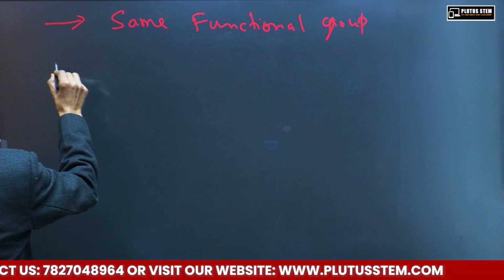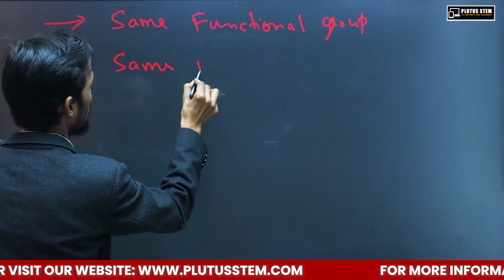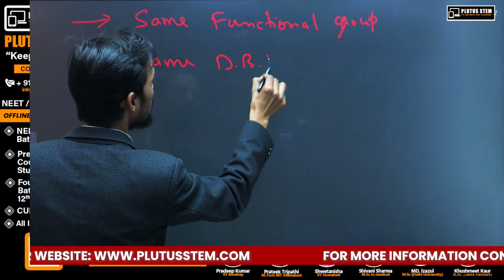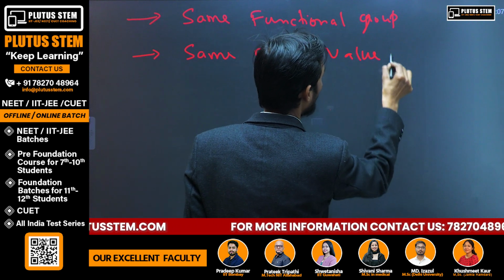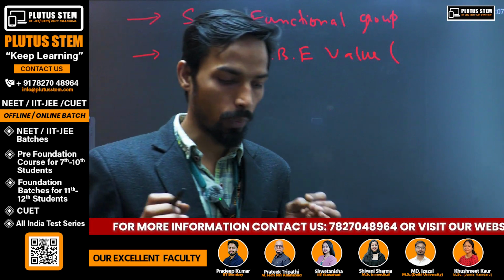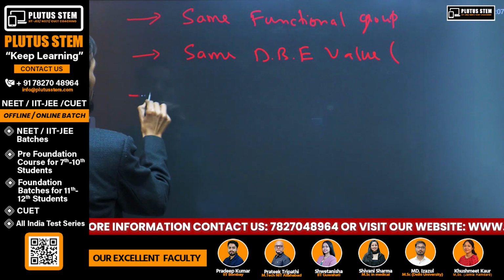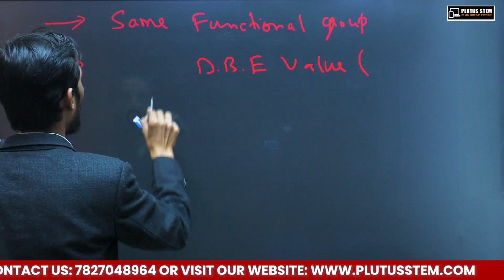The second thing which should be there is the same DBE value, double bond equivalent. And the third thing is the same, or you can say not the same but similar.